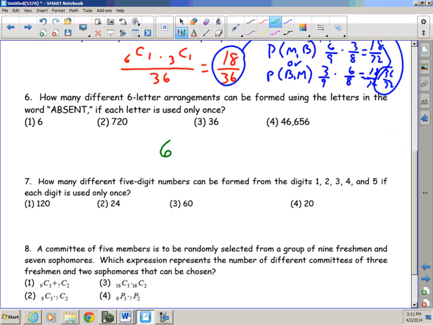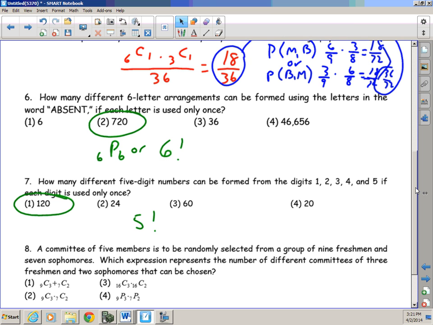Now, how many different 6-letter arrangements can I get from the word absent? Well, don't be fooled. This is a permutation, so you could have done 6P6 or 6 factorial. How many different 5-digit numbers can be formed from 1, 2, 3, 4, 5? Each one can be used once. That's again 5 factorial. All right, and then finally, committee.